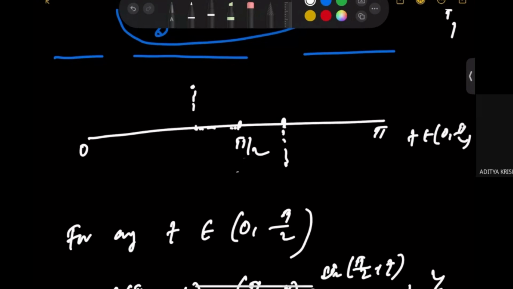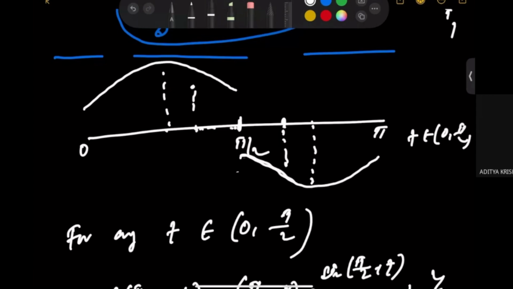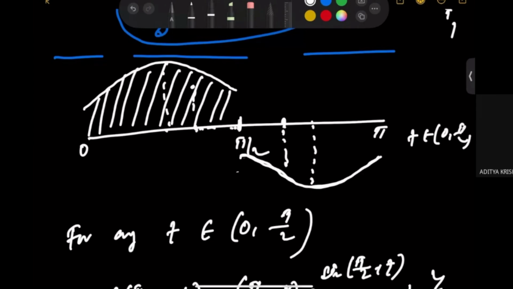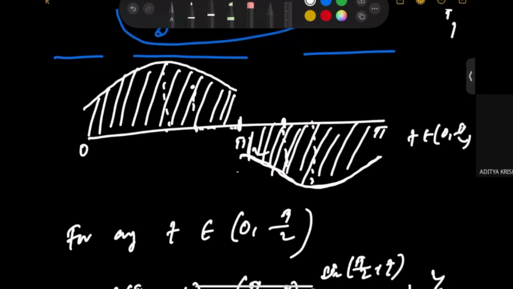Whatever we get at this point, exactly the negative of that we'll get at the mirrored point. So if the graph is something like this, then it will be something like this for that one. The positive area under this will be exactly cancelled by this negative area. Are you guys following? Yes.